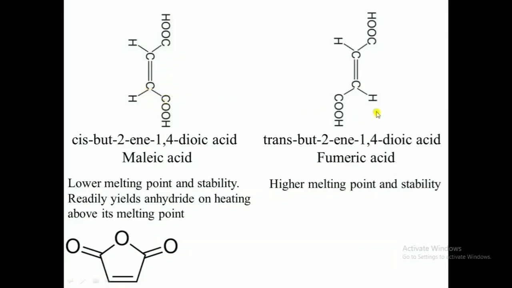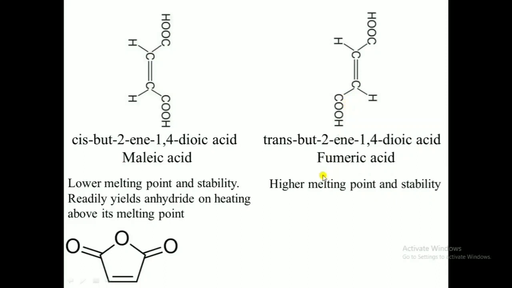When it comes to fumaric acid, since it is trans, these COOH groups are far apart. So the elimination of water molecules from these two COOH groups is not easy.